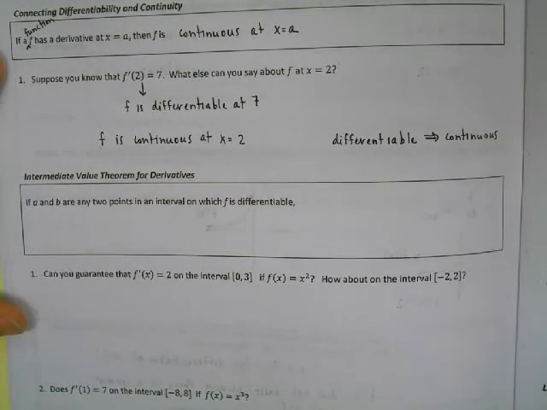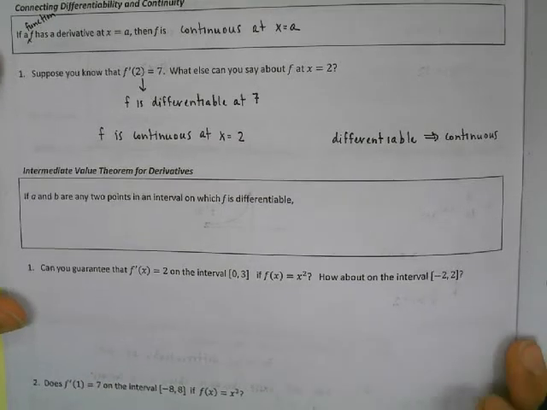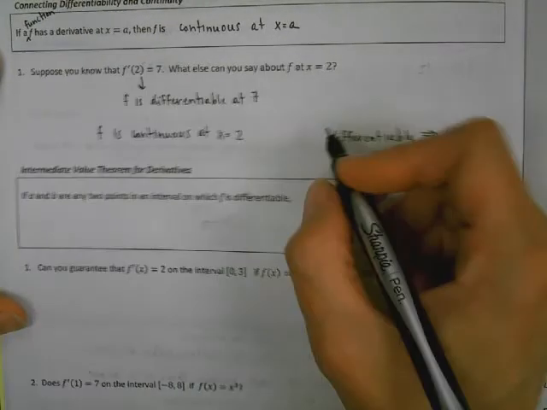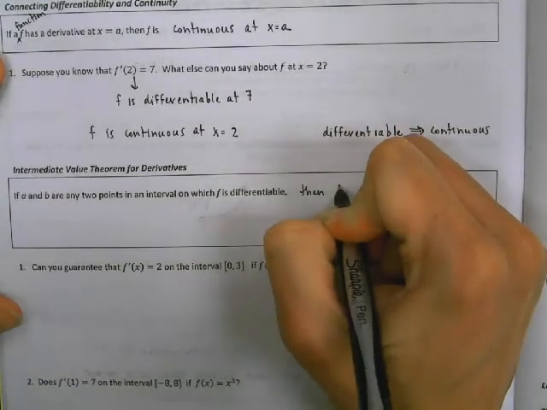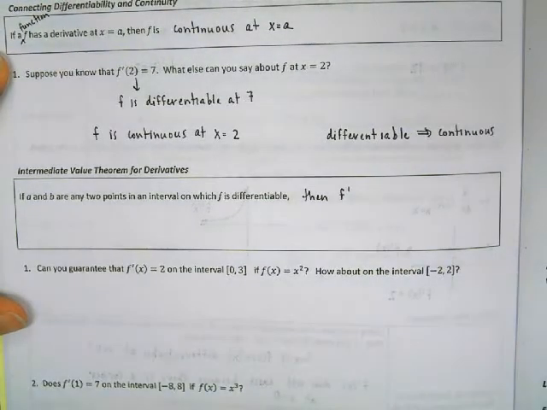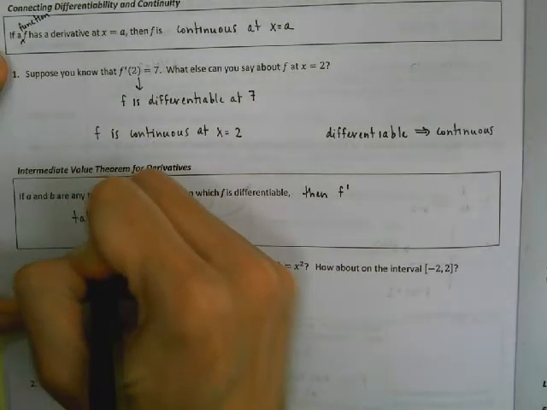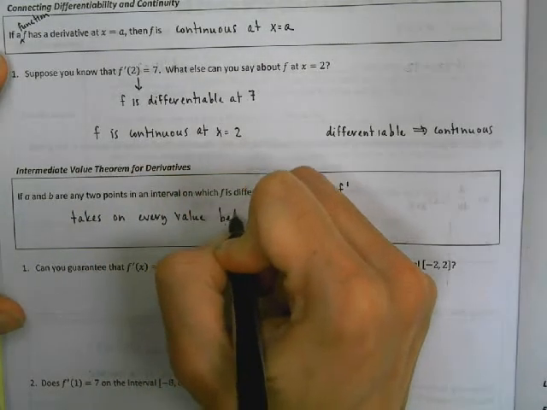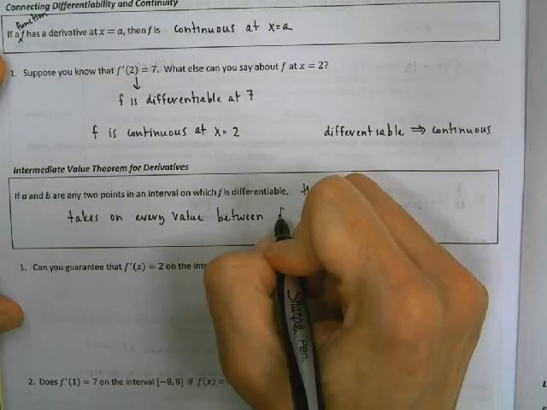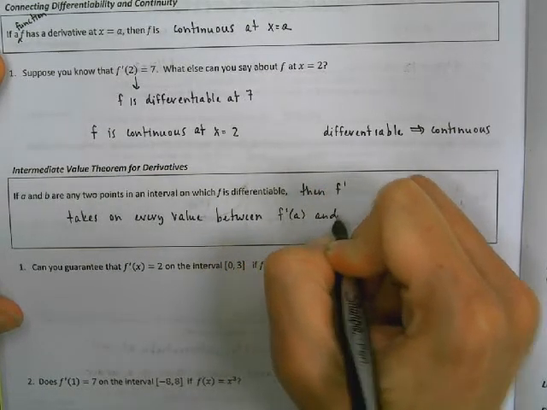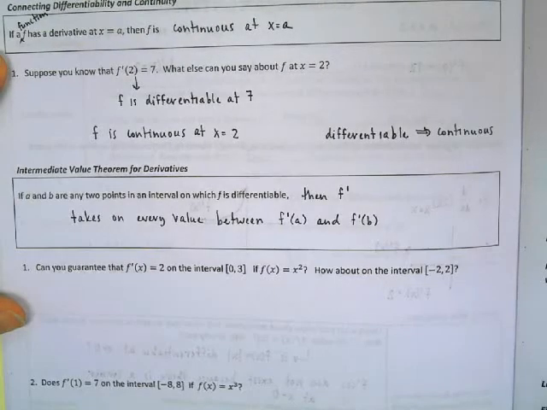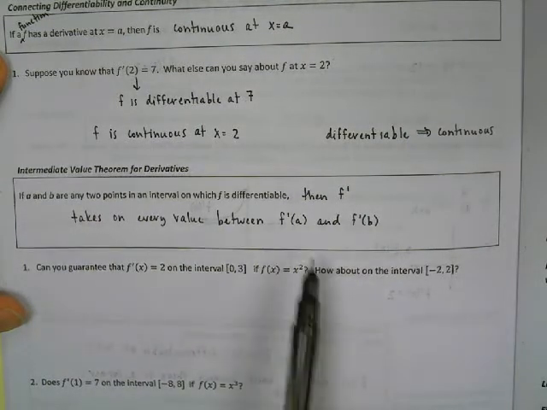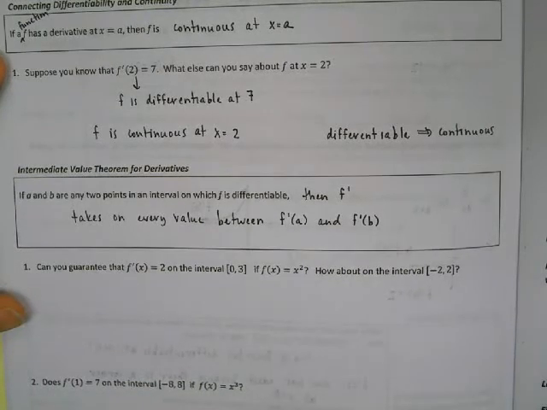So the whole idea here is that if a and b are any 2 points in an interval on which f is differentiable, so my condition here is that f is differentiable, then we could say that f prime, the derivative, takes on every value between f prime of a and f prime of b.